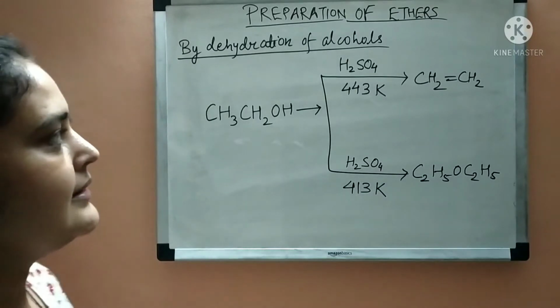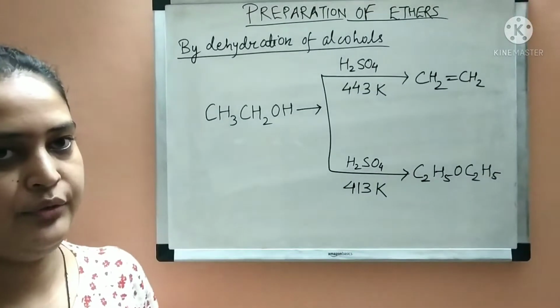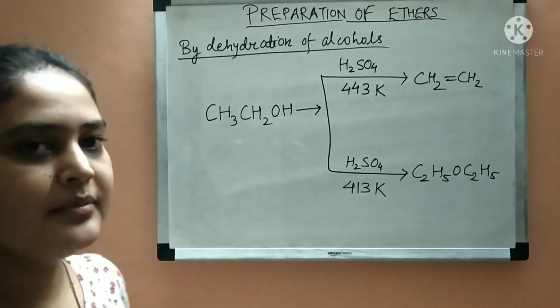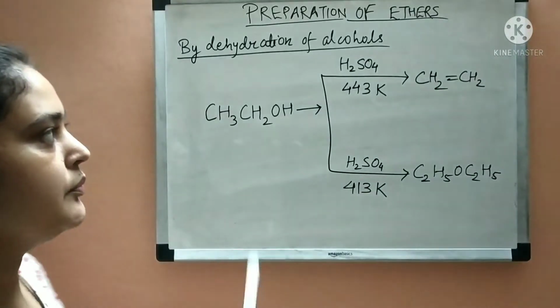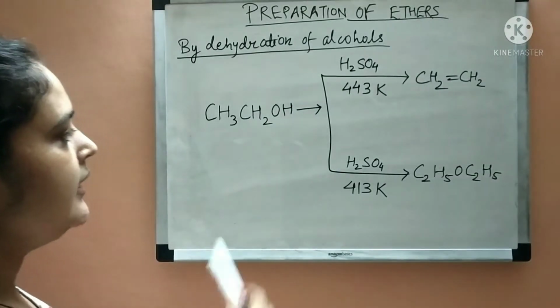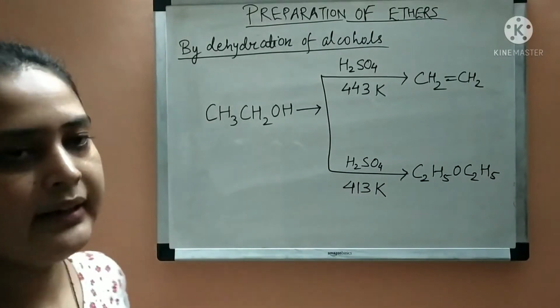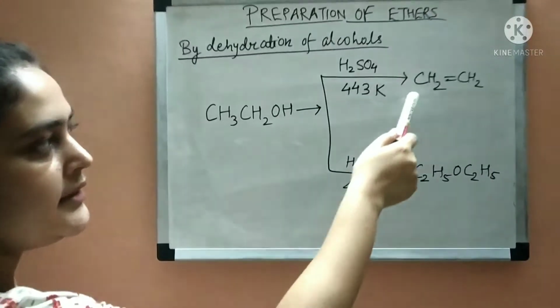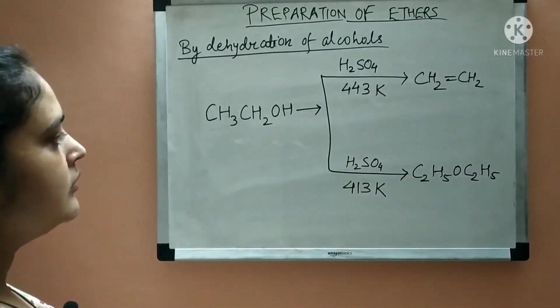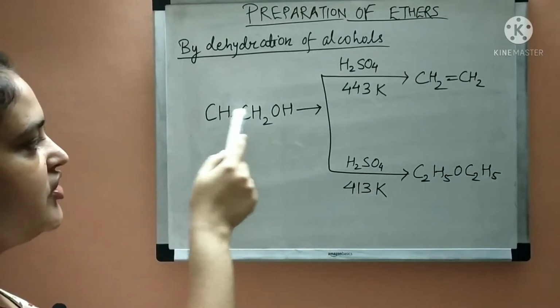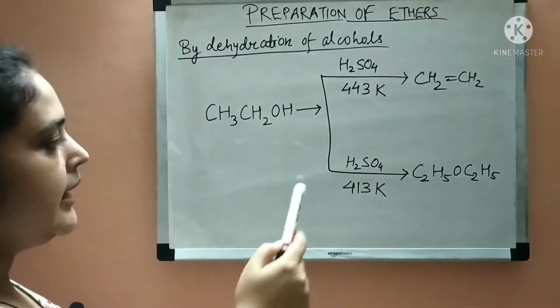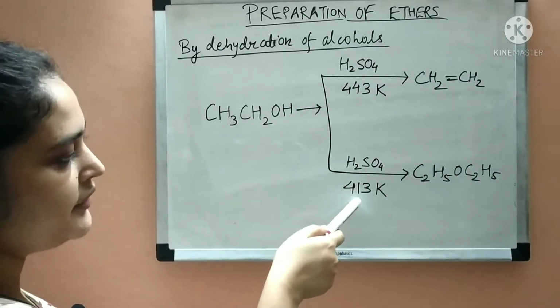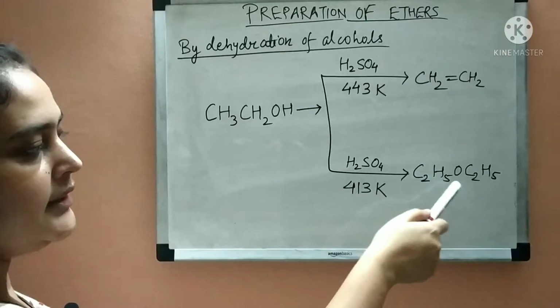When you add a protic acid like sulfuric acid, protic acid means one which has protons in it, two things can happen. At high temperature like 443 Kelvin, ethene is formed by removal of OH and H atom, and at 413 Kelvin ether can be formed.